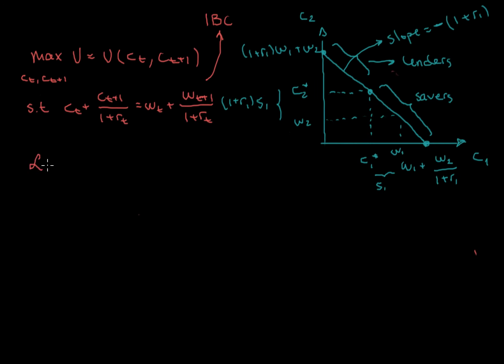We can write a Lagrangian function here, and of course, it is the utility u(c_t, c_{t+1}) plus lambda times (w_t + w_{t+1}/(1+r_t) minus consumption c_t minus consumption c_{t+1}/(1+r_t)).